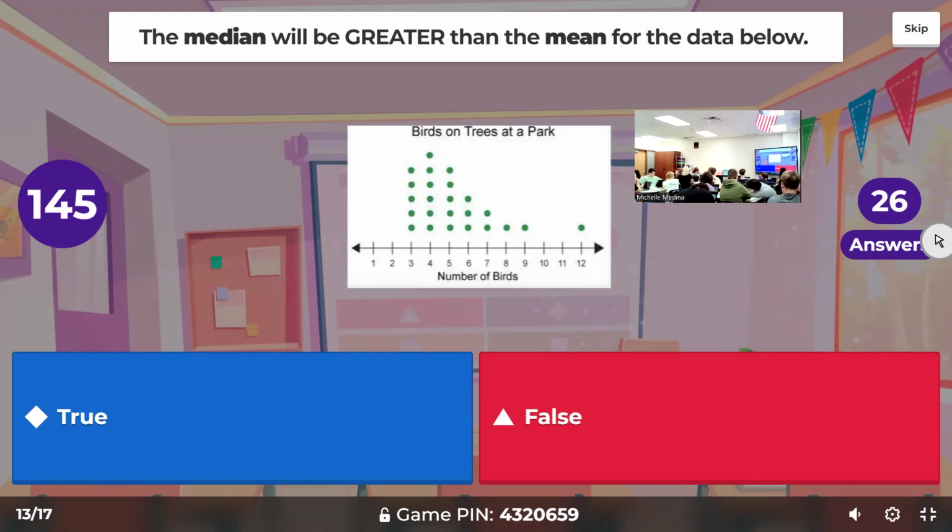So the median will be greater than the mean for the data below. Okay, now, normally I would not make you just guess, but can you guys just guess real quick? I have just a couple other announcements to tell you. If you had to guess, is it true or false?